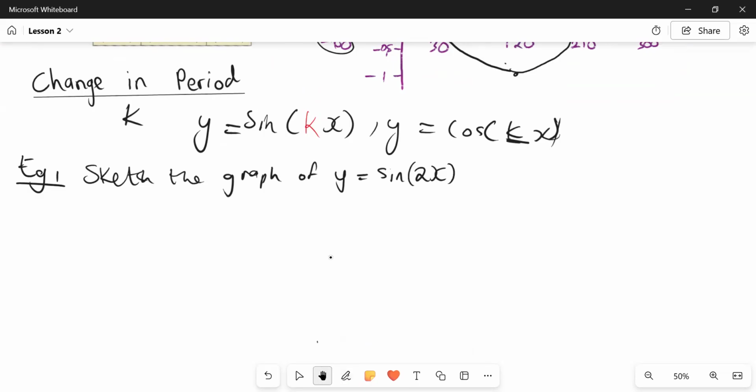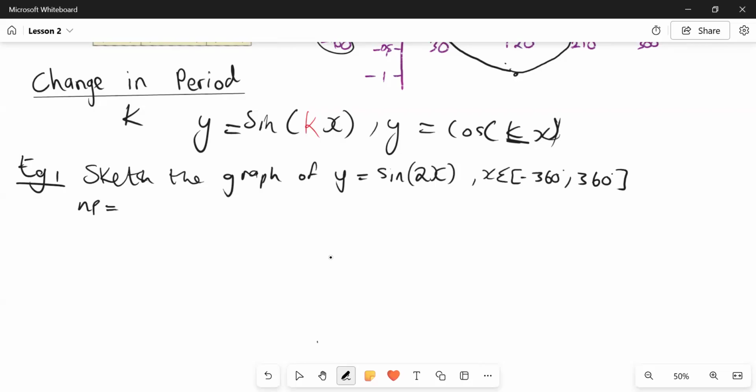We're sketching the graph of sin 2x where x is an element of [-360, 360]. So the first thing you need to do is find the new period.